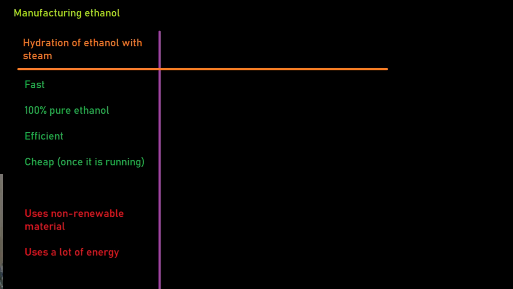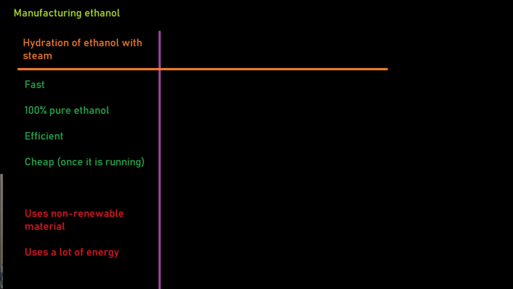You don't need any other products. There's nothing to skim out. You get a very high yield, 100% yield. And the ethanol that comes out is pure. This is the method used for making industrial ethanol, so fuels and solvents and things like that.